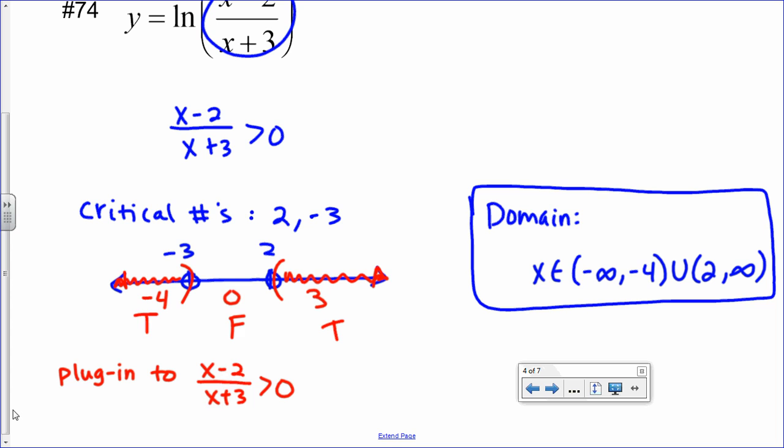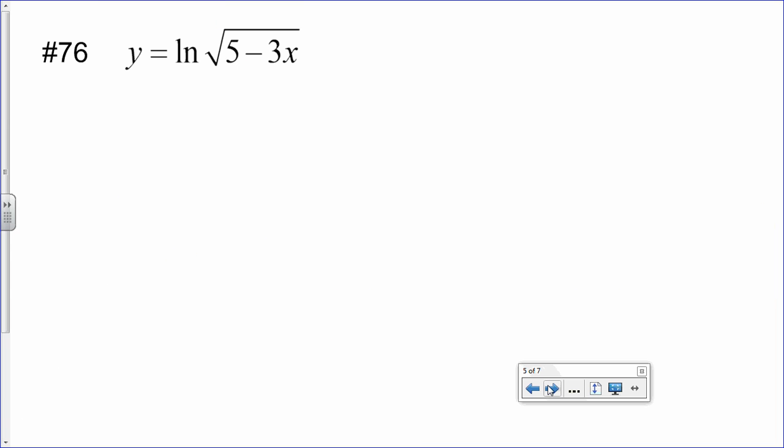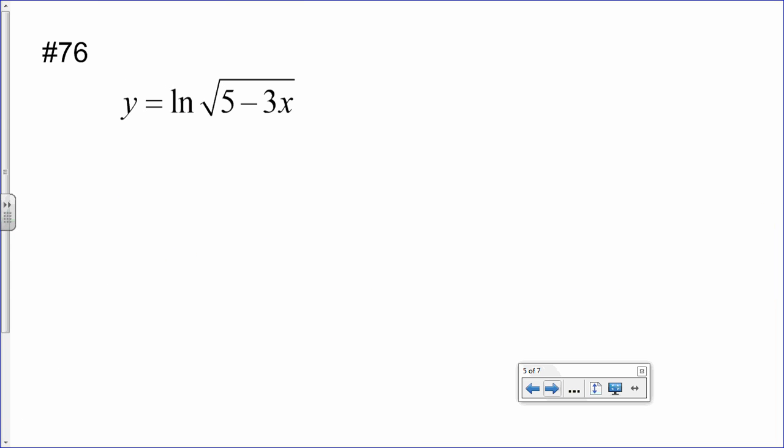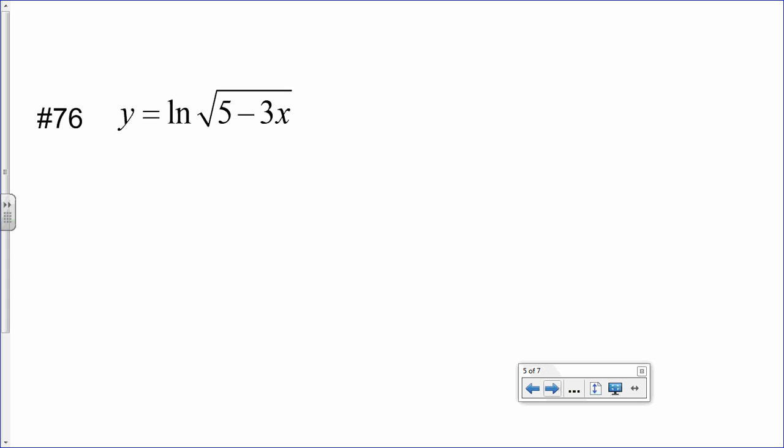You good right now? Okay, let's look at one more domain. Okay, start off by the inequality. Write your inequality.